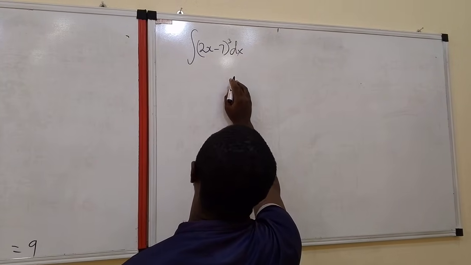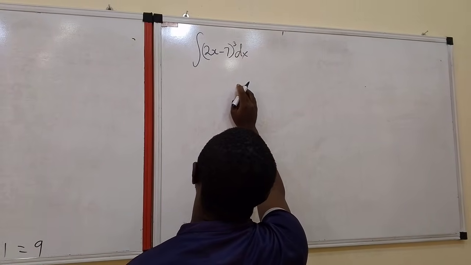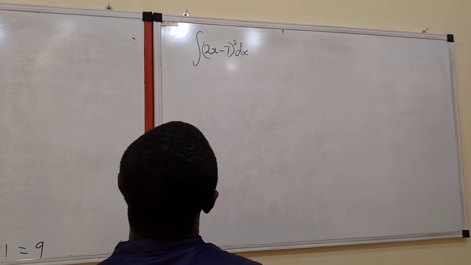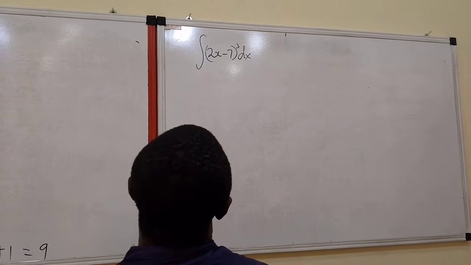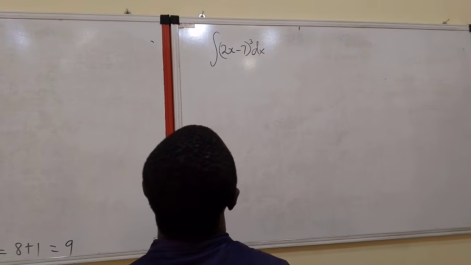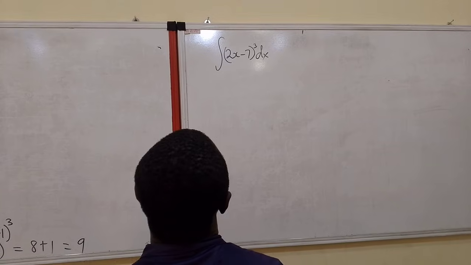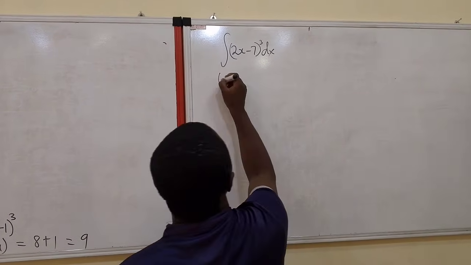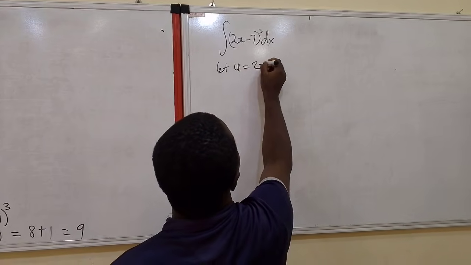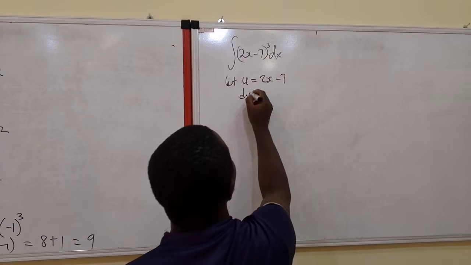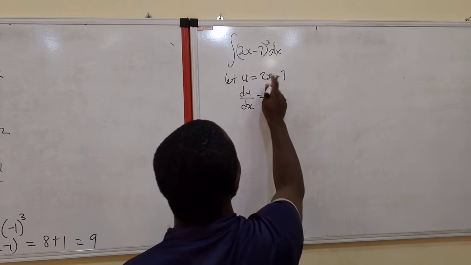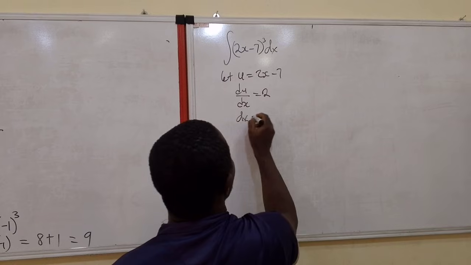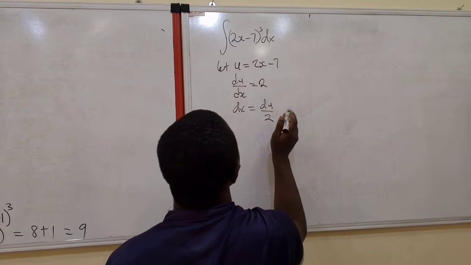What do we do? Okay, you say let u equal 2x minus 7. Then du over dx: the derivative of 2x is 2, the derivative of 7 is 0. So dx will be du over 2.